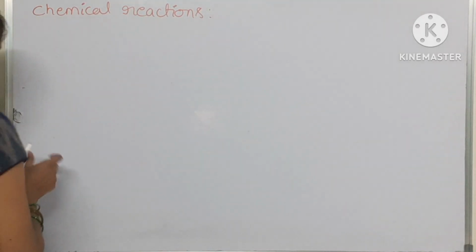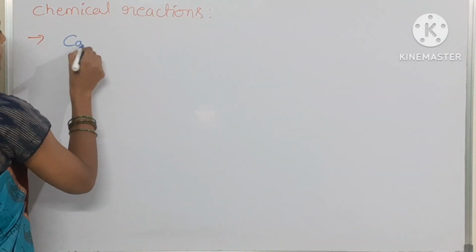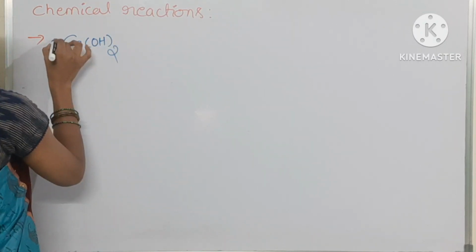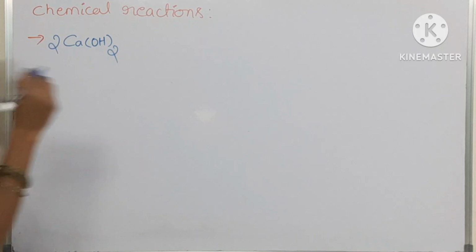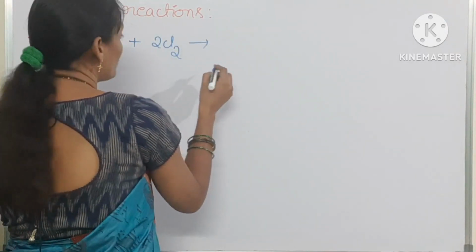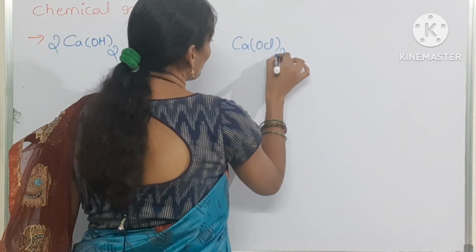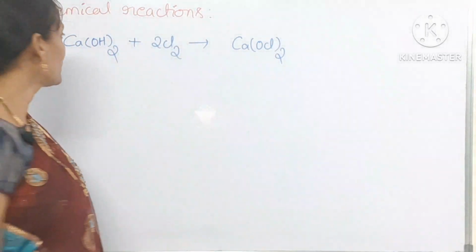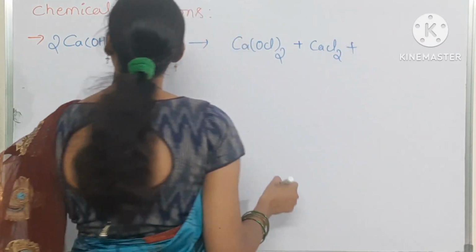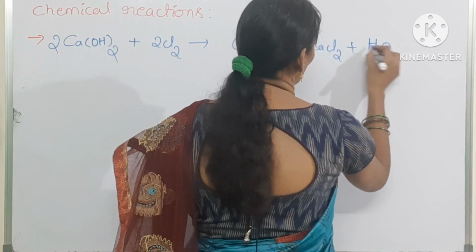Next, chlorine reacts with slaked lime, Ca(OH)2. 2 moles of Cl2 gas you need to take. Then it will form bleaching powder, Ca(OCl)2 and CaCl2, and remaining one is water, 2 moles of water.